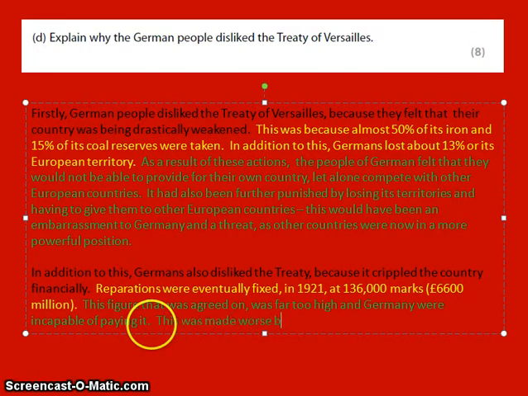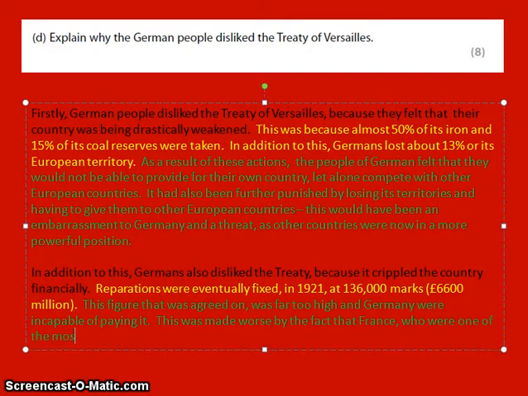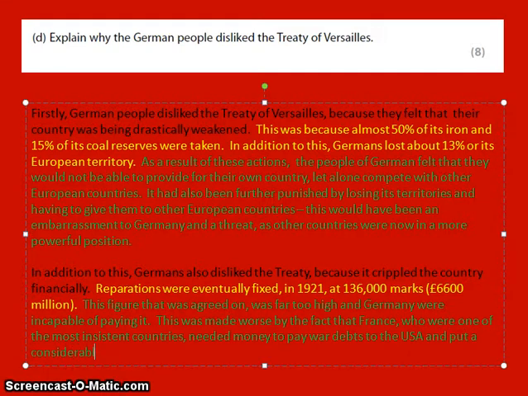This was made worse by the fact that France, who were one of the most insistent countries, needed money to pay war debts to the USA and put a considerable amount of pressure on Germany to pay.